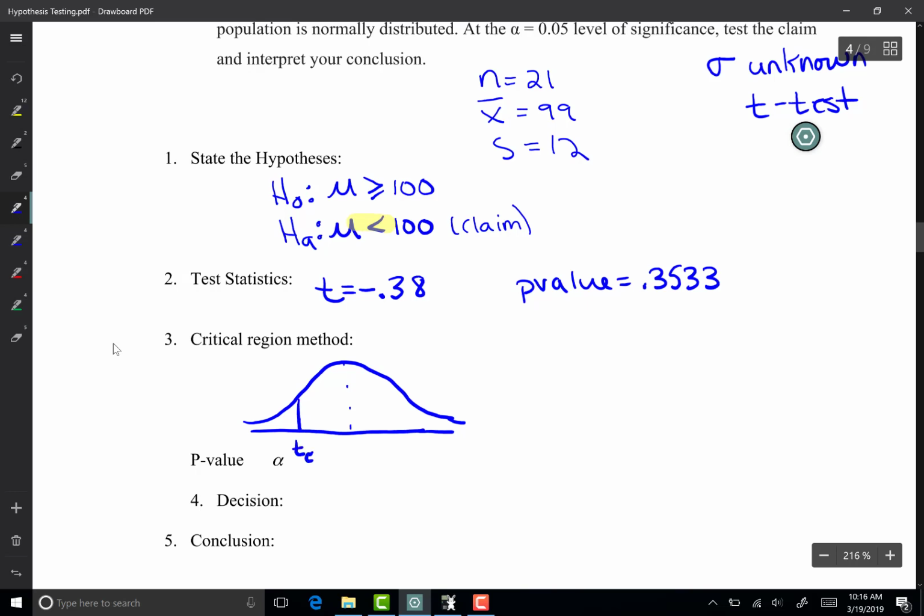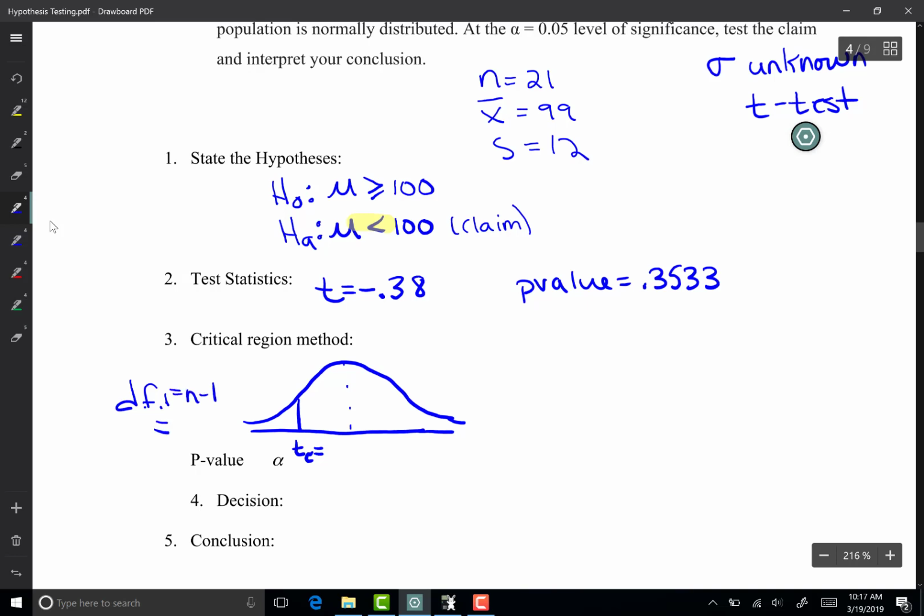So I need to look up my critical value of t in the table that's provided. In order to look it up in the table, we do need the degrees of freedom. The degrees of freedom is equal to n minus 1.